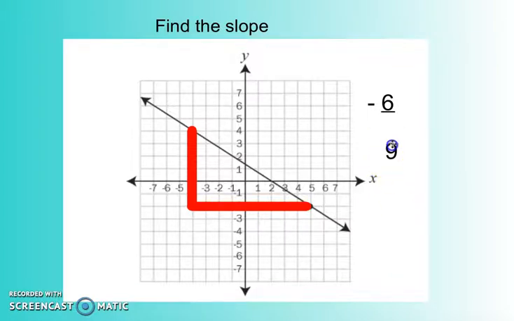That is a positive 9. And so this is definitely not in simplest form. What could we divide these by? 3, correct. And so let's divide it by 3 and we get negative 2 and we get 3, so negative 2/3. And there's our slope.